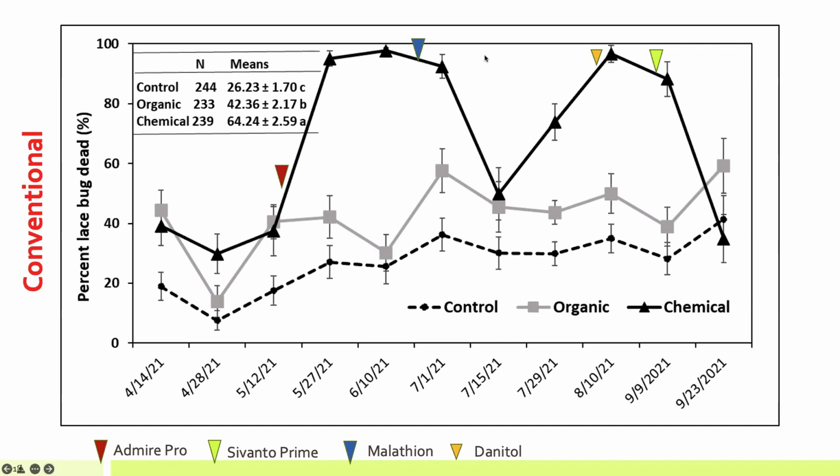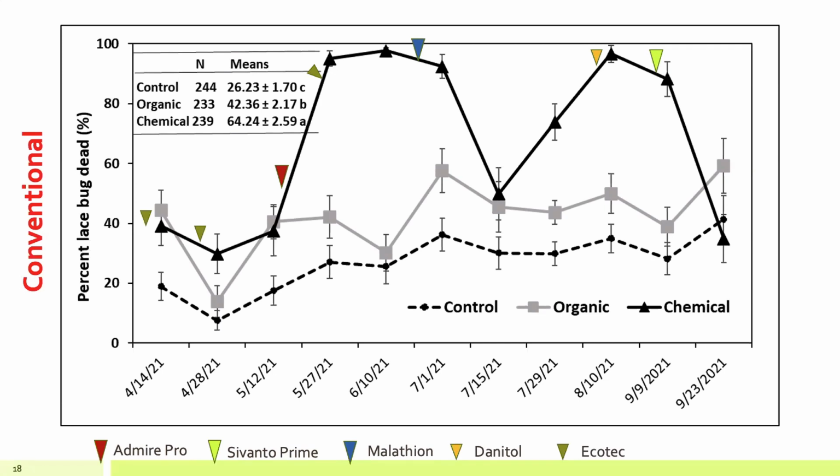In this case, we learned about danitol, I think, at this time. So we included danitol as a last minute product into the chemical rotation. And danitol is another synthetic pyrethroid similar to the Mustang, which was reported as having really good efficacy from the UC school information.